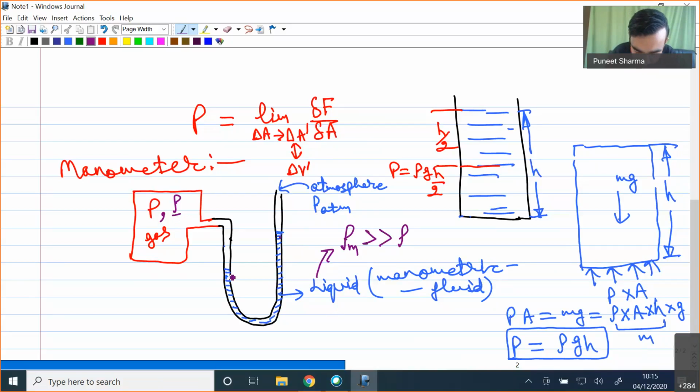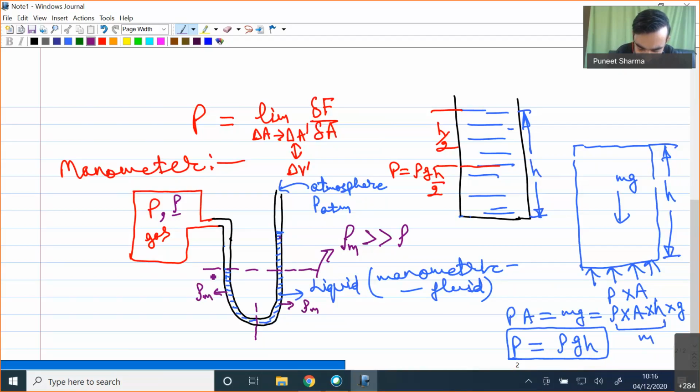Now if I take this point as my reference point, why am I taking this point as the reference? Because below this point, in both the branches of the U-tube, I have the same fluid. So here also I have rho m as density, and here also I have rho m as density.